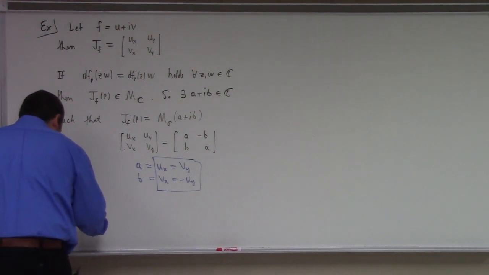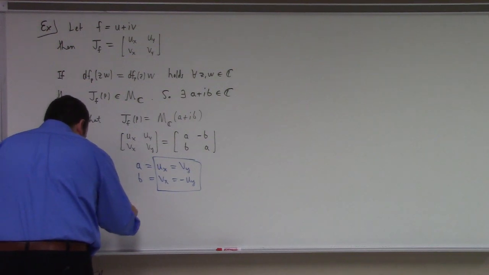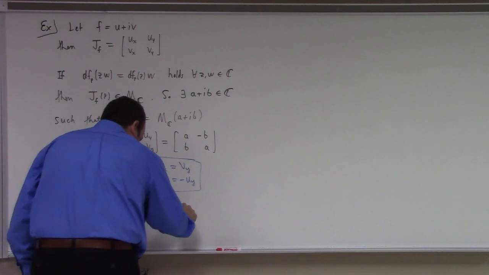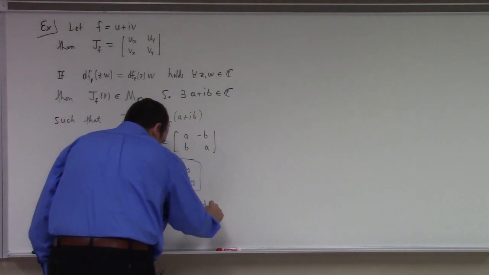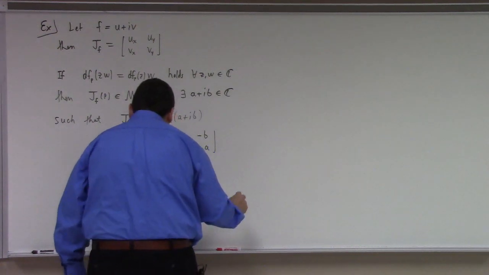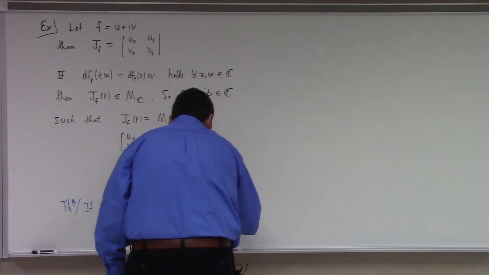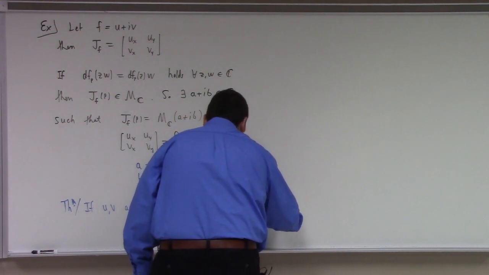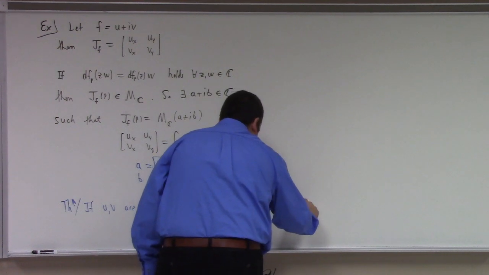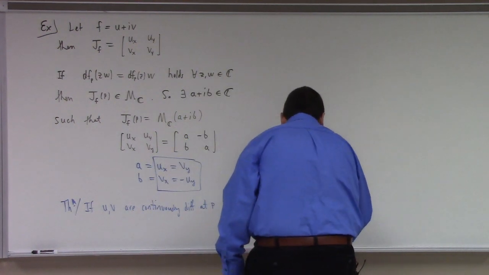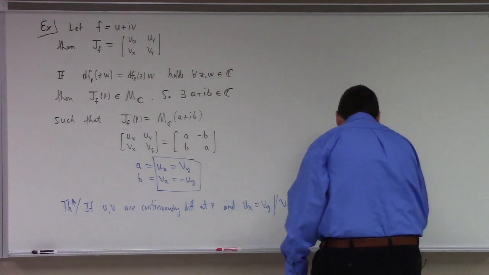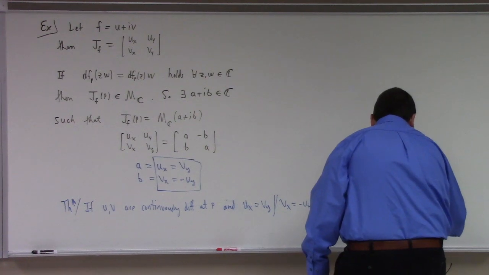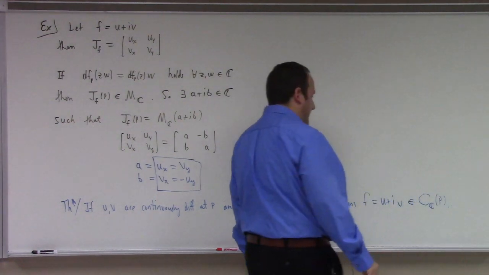Theorem: if u and v are continuously differentiable at P, and ux equals vy and vx equals minus uy at P, then f equals u plus iv is a function which is complex differentiable near P.